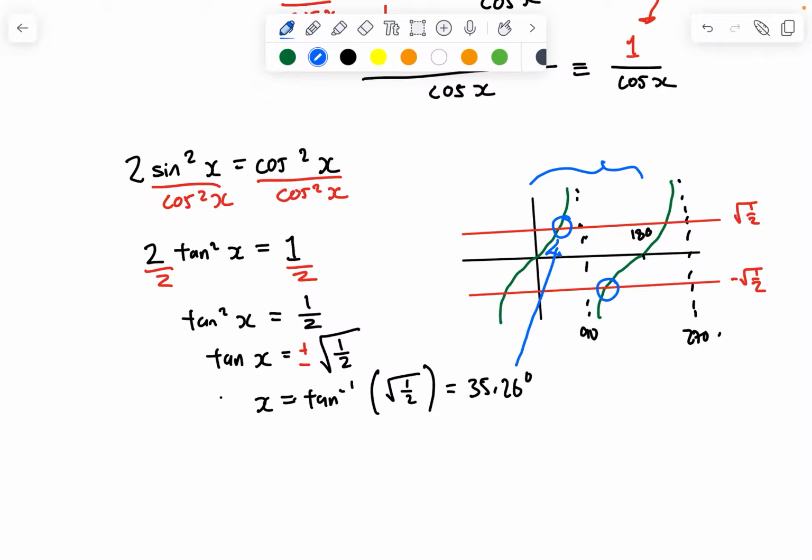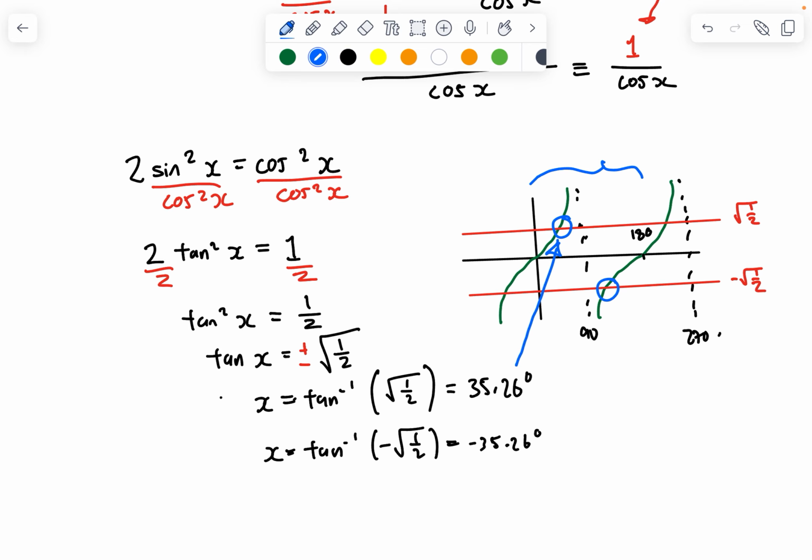That is this solution. So now x is also equal to tan minus 1 of minus square root of a half. So I do that, minus square root of 1 divided by 2. And that gives me minus 35.26 degrees. But that is not in my range.